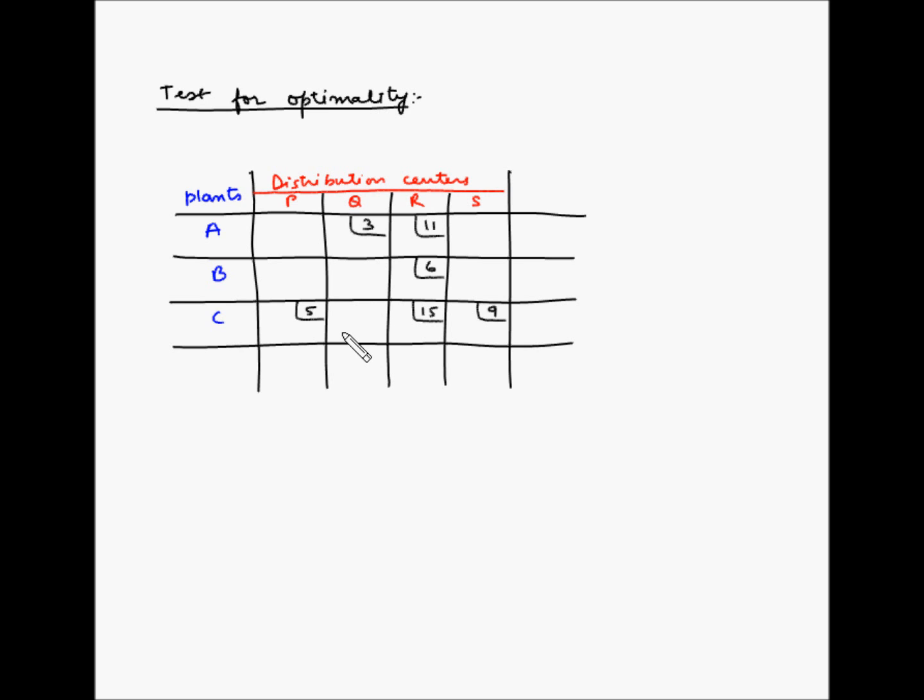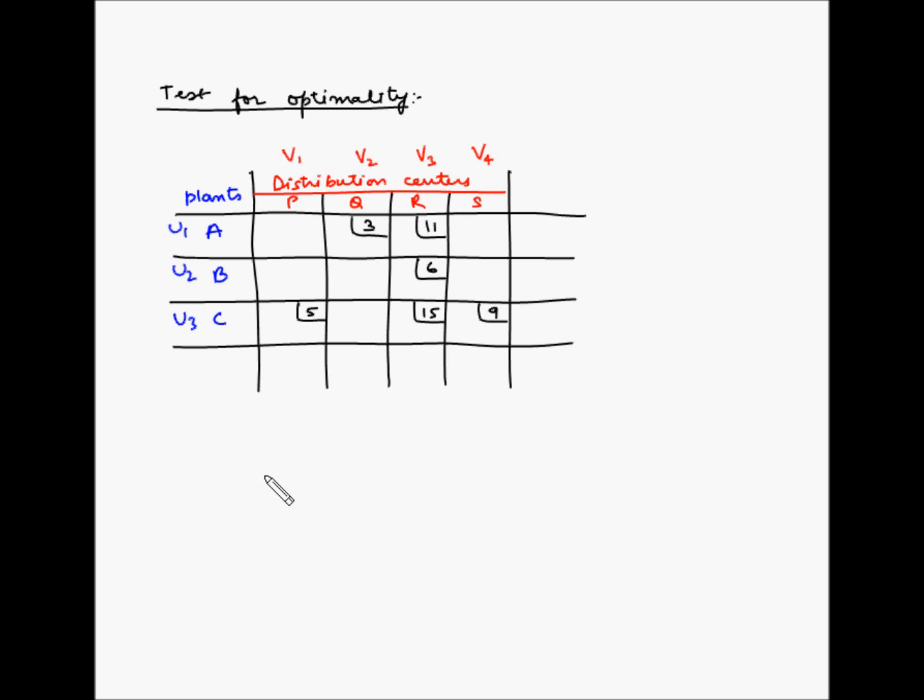Now the next step is to assign the variable ui, where i is equal to 1, 2, 3 and so on, to each of the rows, and vj, where j is equal to 1, 2, 3 and so on, to each of the columns. So u1, u2, u3, v1, v2, v3, v4.